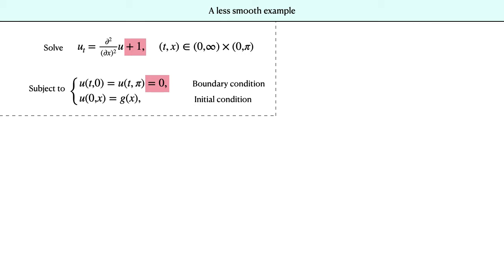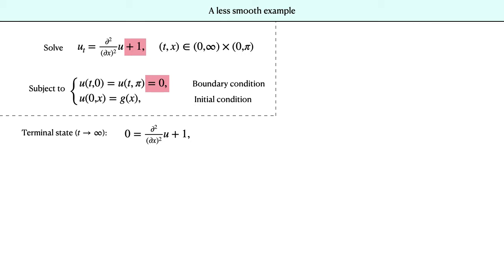The source term wants to lift u up everywhere in space. It tries to make u grow at a rate 1 everywhere, but the boundary condition wants u to be equal to 0 at the boundary. So at the boundary, the source term is pushing upwards, and the boundary condition is forcing u to be 0. So there's a struggle going on there.